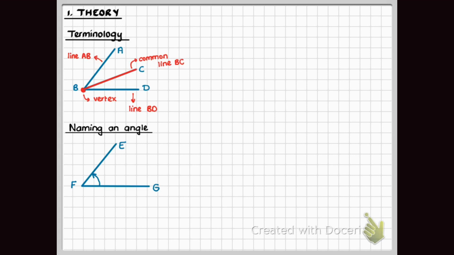When we name an angle, we are either going to call this angle F, because this angle is subtended by the two lines, EF and GF, or we can write it with a symbol that also indicates an angle, at the vertex F, or we can name it angle EFG, with the emphasis being on the F, stating that that's where my angle is, at vertex F. Or we can name it from the other side, GFE, again with the angle at F, because of the vertex at F.